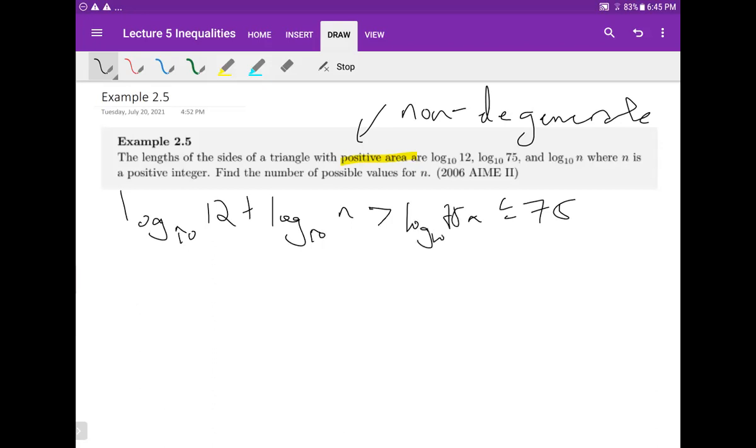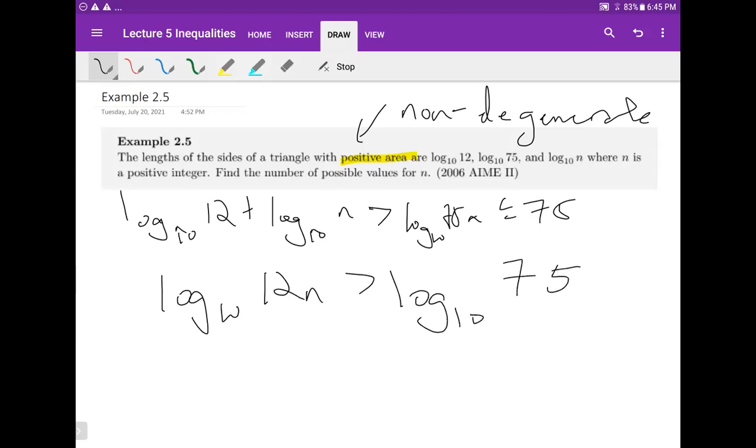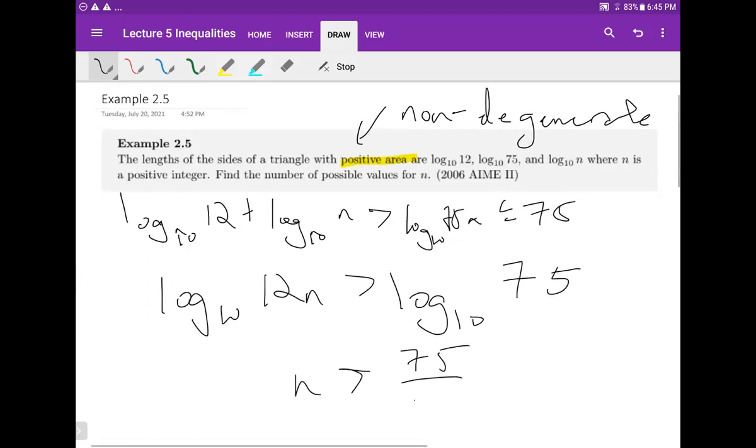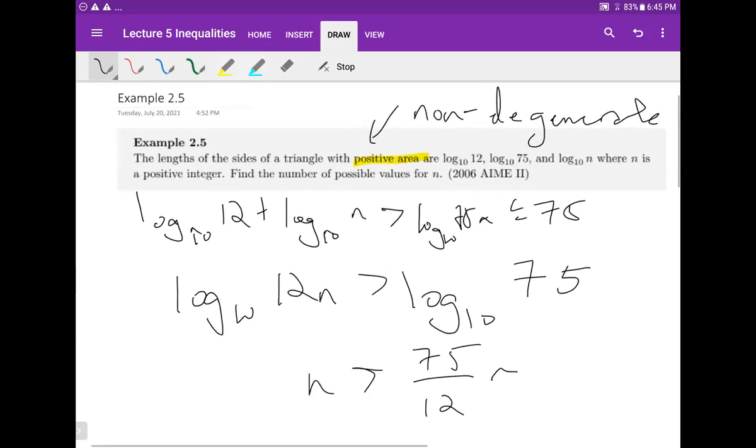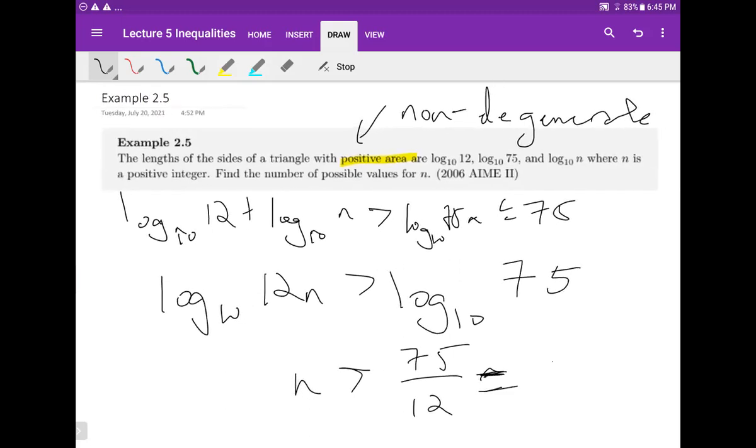And in this case, using the property of adding logarithms, we have that log base 10 of 12n is greater than log base 10 of 75. Then we know that n is greater than 75 over 12, which is 6.25.